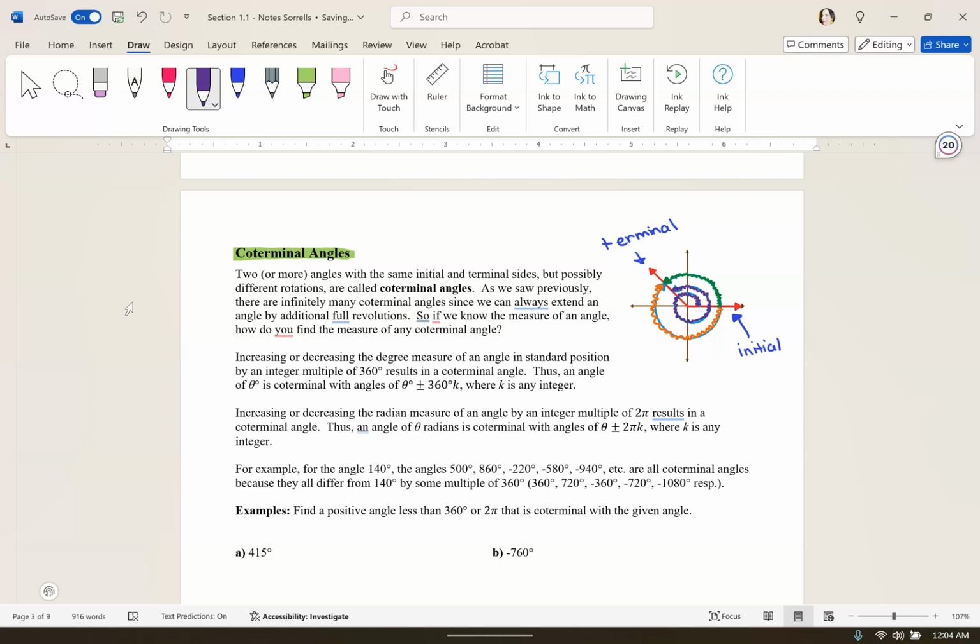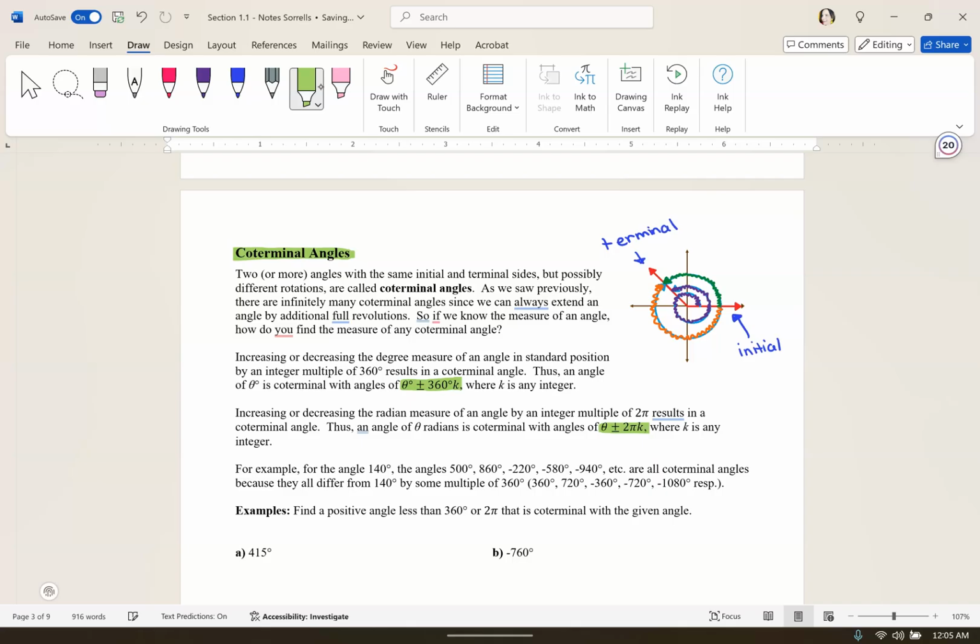If you are doing degrees, you can follow this formula if you want. K is just the number of full rotations that you do. If it's in radians, you can look at this one where you're just adding 2 pi times the number of rotations that you are doing. That is up to you.